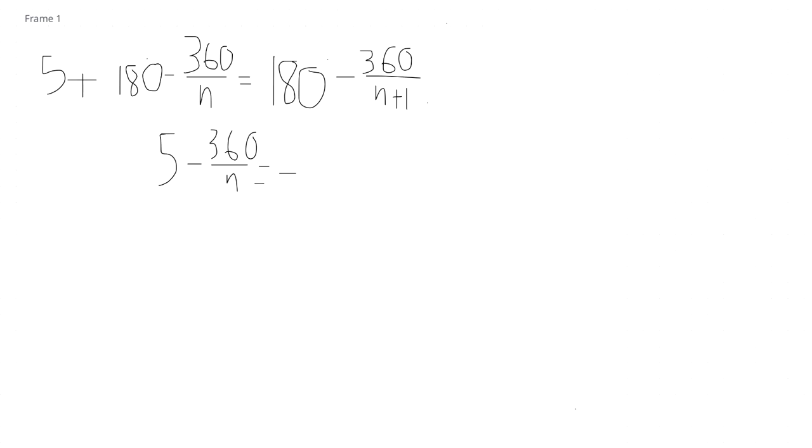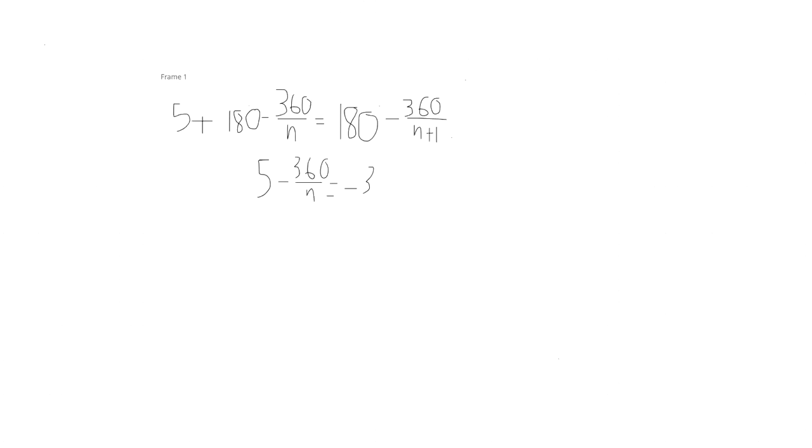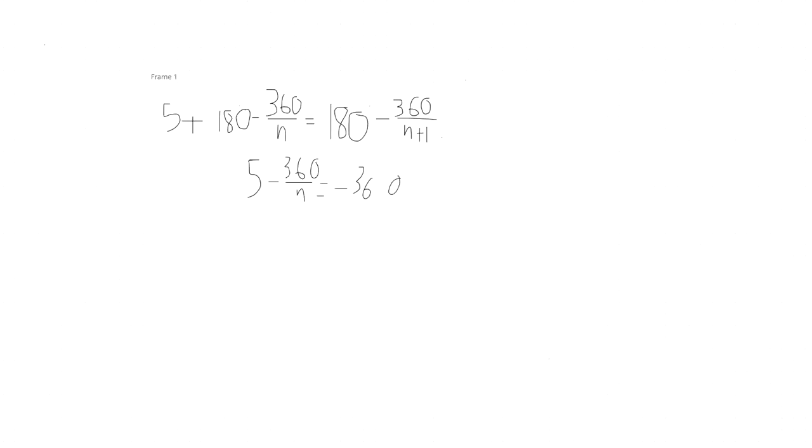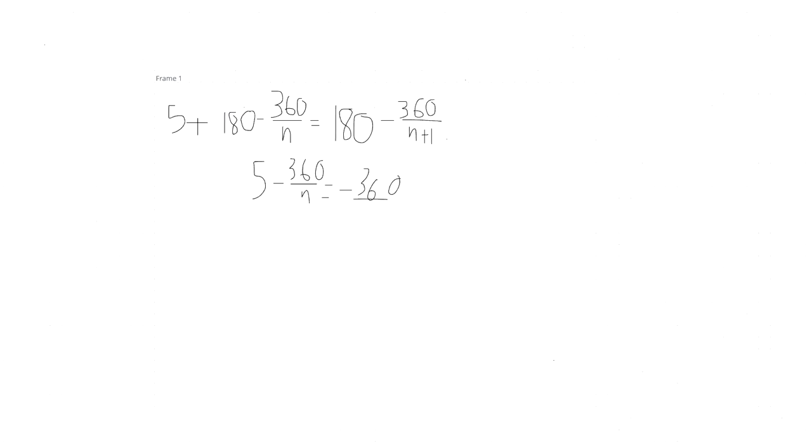And then you can just basically test values. So you have 360 over n is equal to 360 over n plus 1 plus 5.